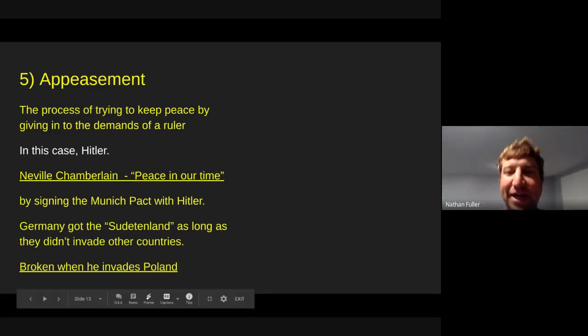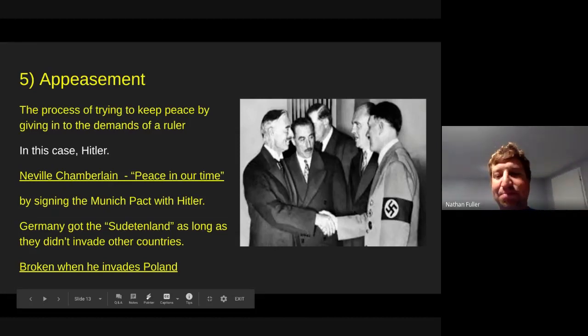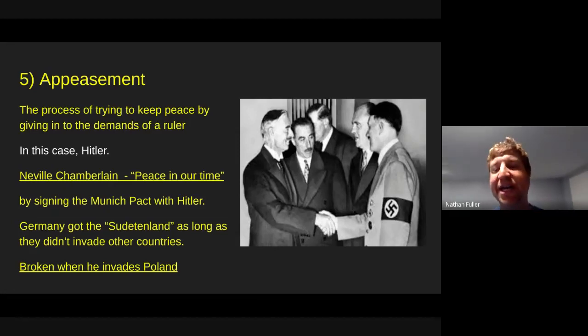But it was broken when Hitler invades Poland. So there you see Neville Chamberlain on the left, Hitler's on the right. They're shaking hands, and they signed this Munich Pact. The only thing is Hitler had his fingers crossed when he did it. He was a liar, okay? He didn't actually have his fingers crossed, but he did.